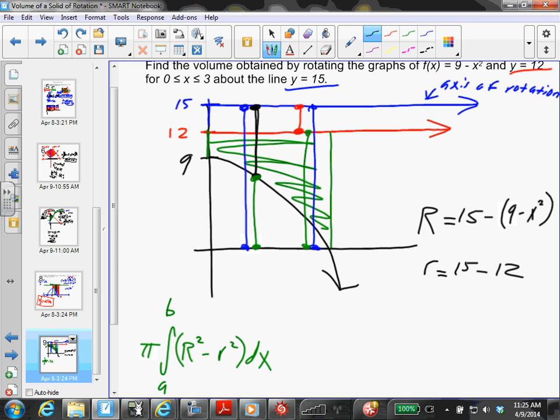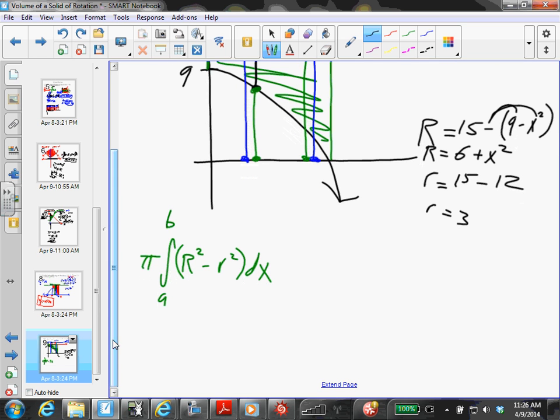So if I simplified these, my large radius, I would distribute this negative. It would become 15 minus 9, which is 6, and then plus x squared, while my small radius would just be 15 minus 12, which is 3. Okay, and now I could use those in order to plug in to my generalized formula for the washer method, right?